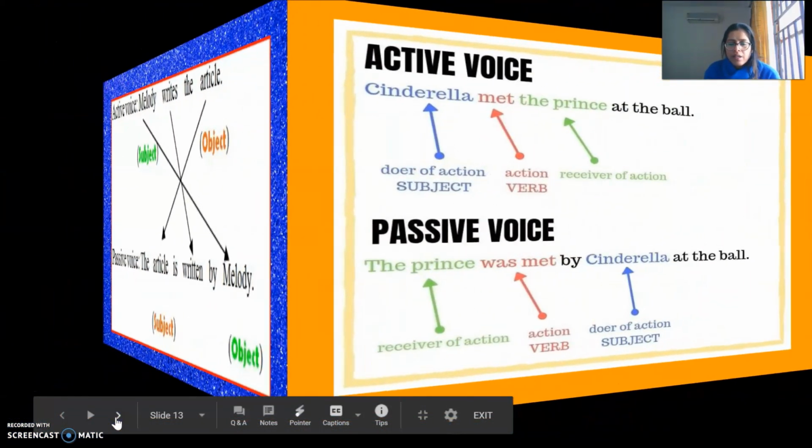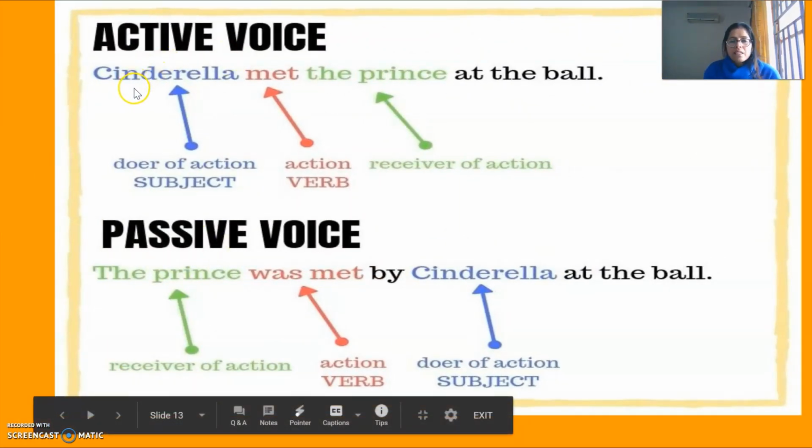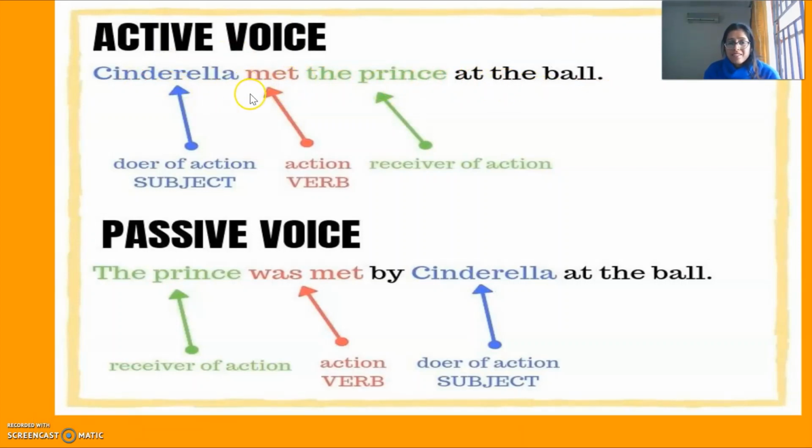Yes, active voice, passive voice. Cinderella met the prince at the ball. So Cinderella is the subject, the doer of the action, met is the verb, and prince here is the receiver of the action. Now it's passive form.